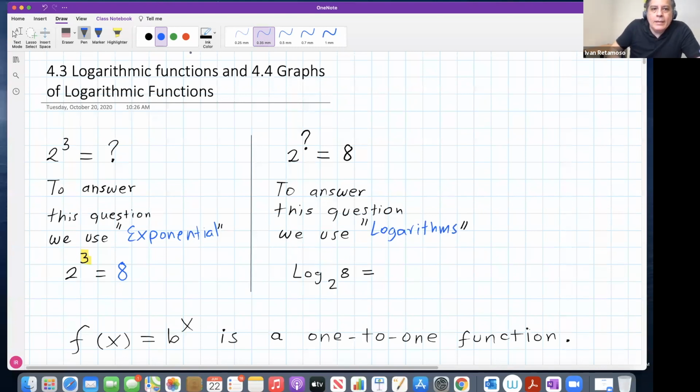And it's basically the exponent to which you raise some base, in this case 2, to get some given number, in this case 8, right? So this guy is just 3. And the way mathematicians write this out is as follows. They will say log base 2 of the number 8 is equal to 3, okay?